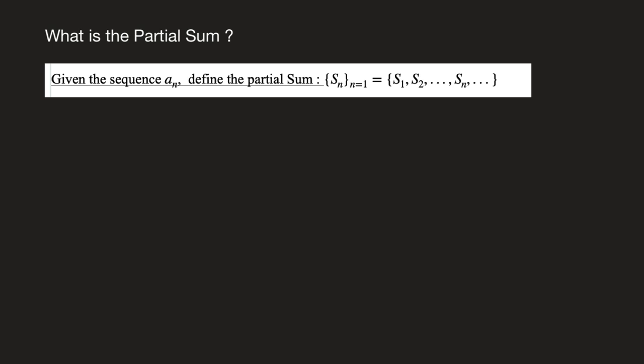Before we talk about infinite series, let's talk about partial sums. First, what does a partial sum mean? Before we talk about partial sums, you have a sequence. When you have a sequence, we're going to define the partial sums S1, S2, up to Sn.